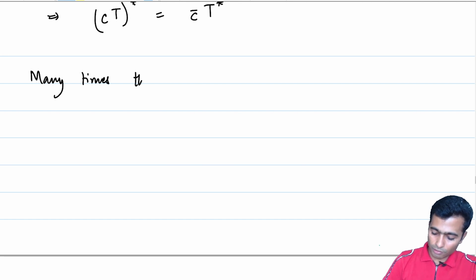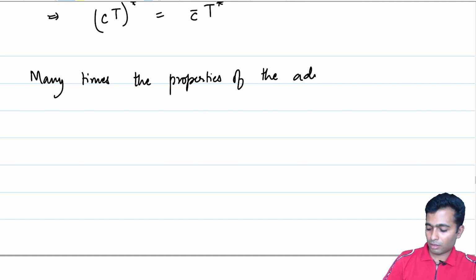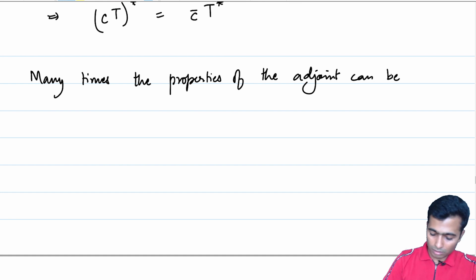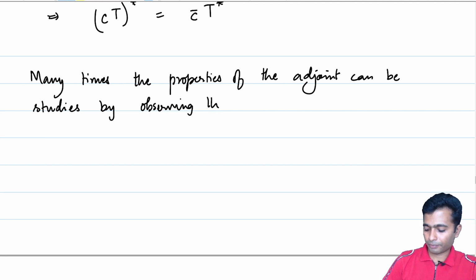the properties of the adjoint can be studied or concluded by observing the identity carefully.